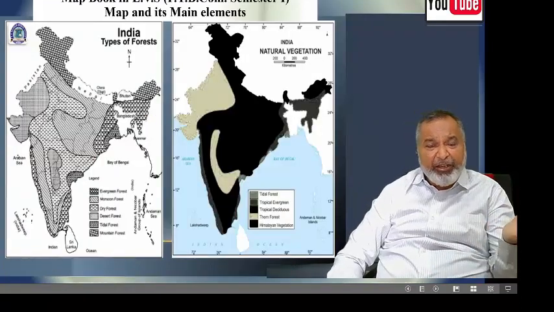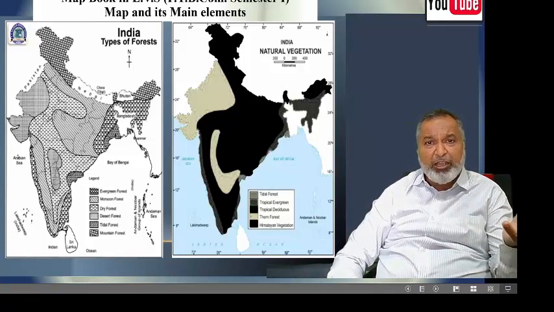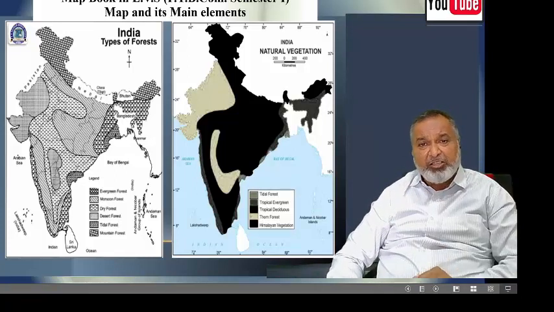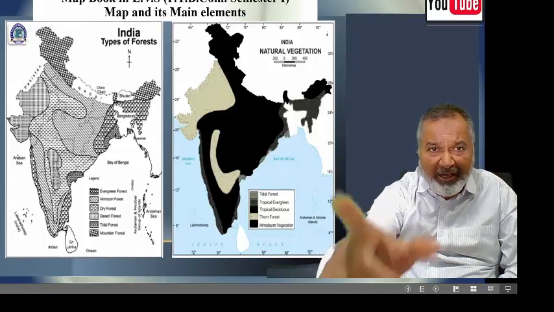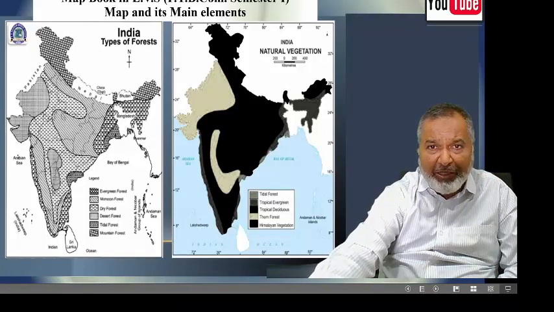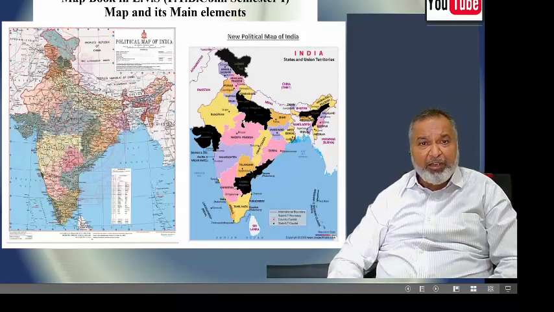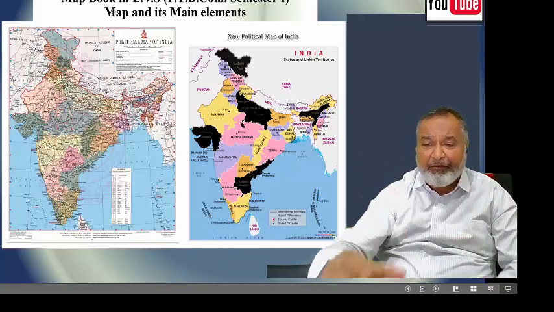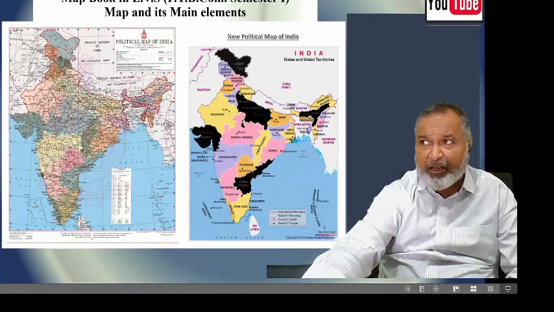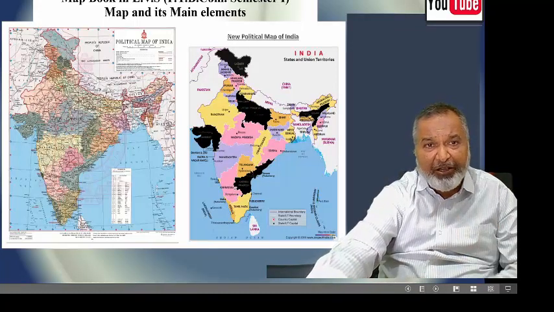In the forest map, with the symbols also we can show the forest. Similarly, natural vegetation with the color code we can give the symbols, and you can see over there latitudes and longitudes are already marked. Then the political map of India, with colors used to show the different states.